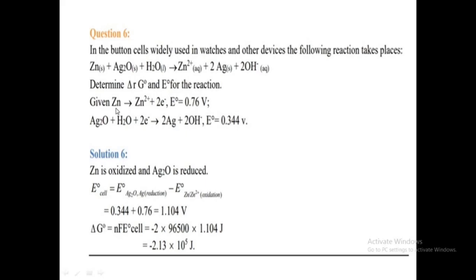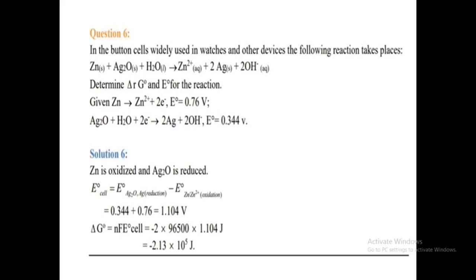It is given that zinc is converting into Zn2 positive and 2 electrons. That means the reaction is given as an oxidation reaction. Okay, and the value of E naught is given as 0.76 volt, and for silver the reaction is given as a reduction reaction.